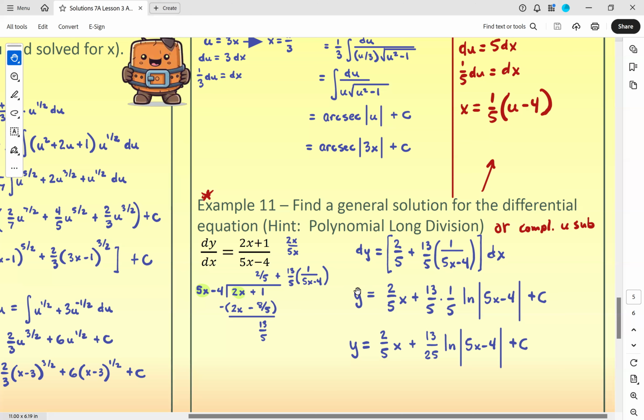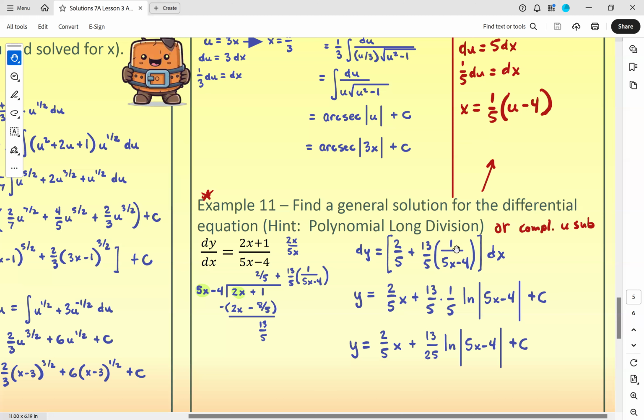And now we're integrating. Integral of 2/5 is 2/5 x. Integral of this next thing here. It is actually technically a u sub on this 1 over 5x minus 4.